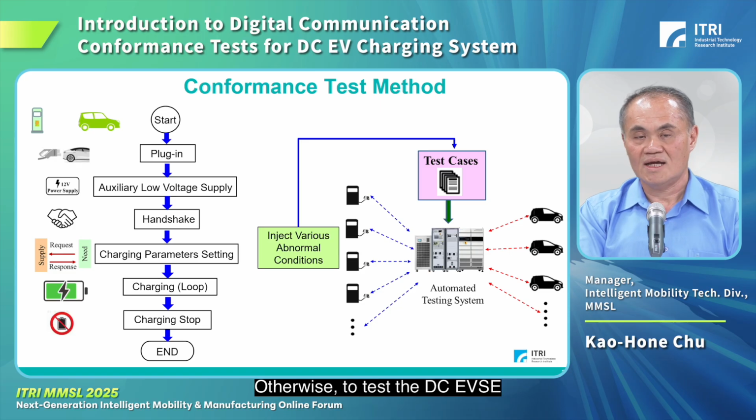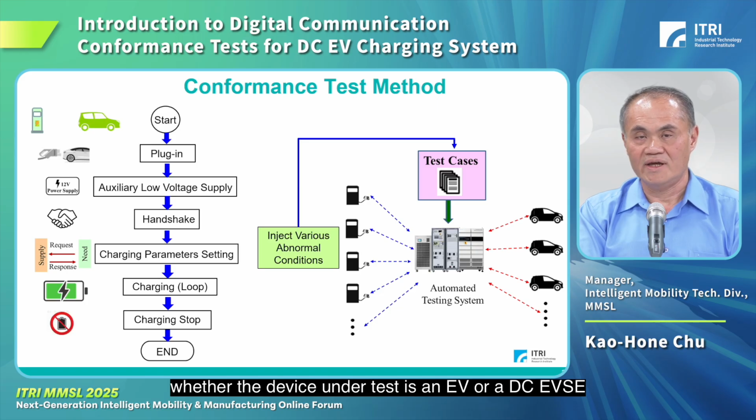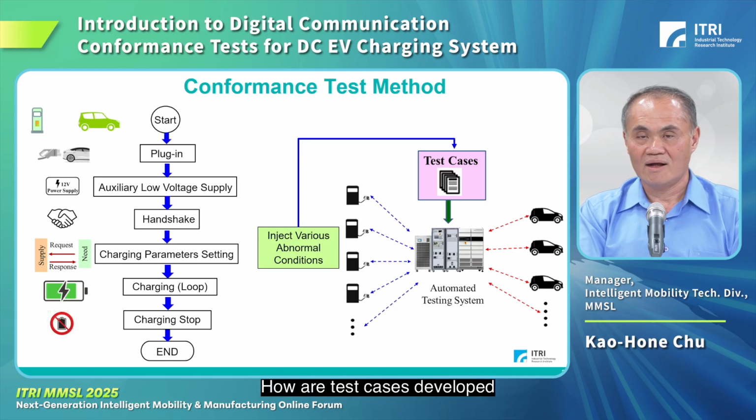Otherwise, to test the DC EVSE, it stops the EVCC emulator. The test cases are designed differently depending on whether the device under test is an EV or the DC EVSE. So the next question is, how are the test cases developed?